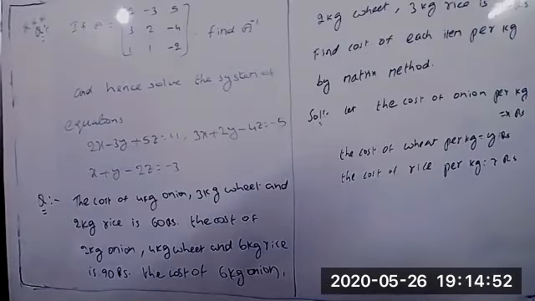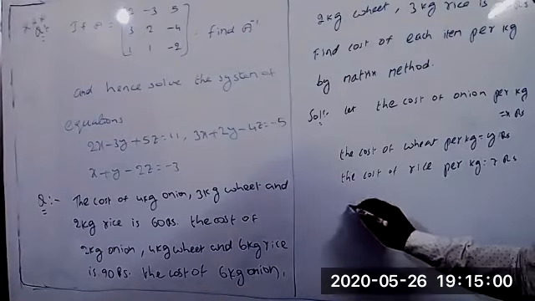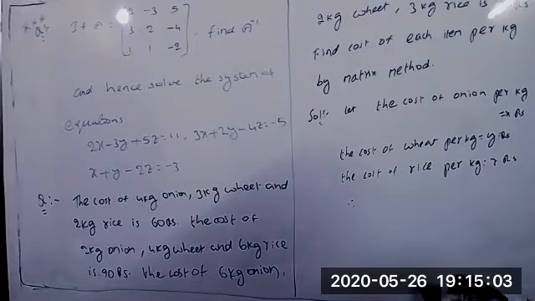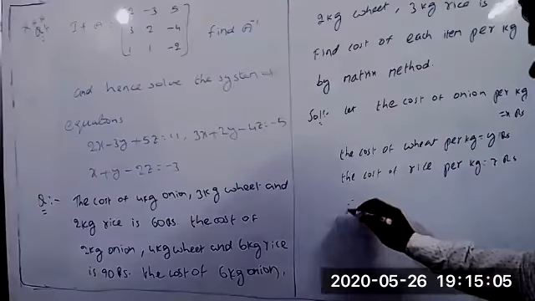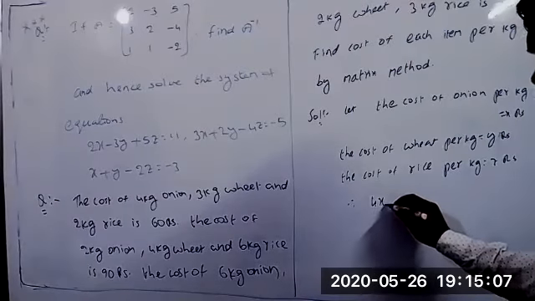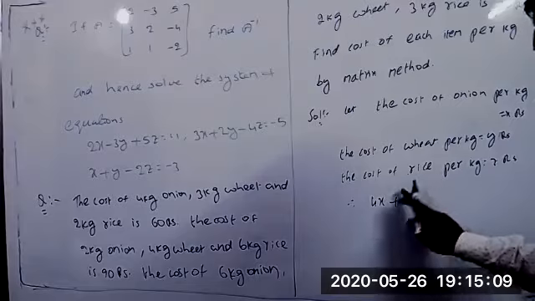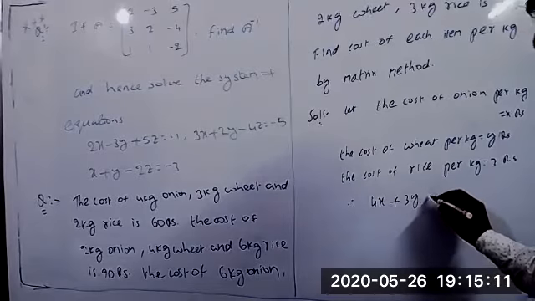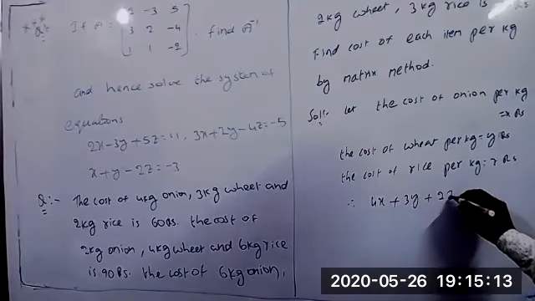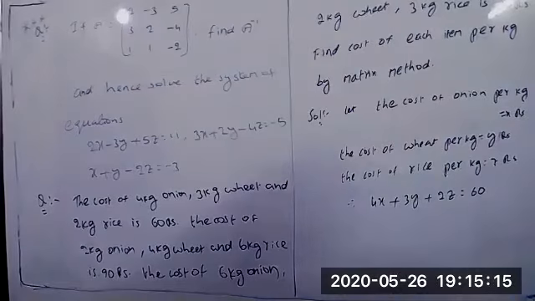Now we can form the system of equations because they've given very clearly the cost of 4 kg onion, 3 kg wheat, and 2 kg rice equal to 60 rupees. So based on the given information, we can form the system of equations now. First one is 4x plus 3y plus 2z equal to 60 rupees, first equation.